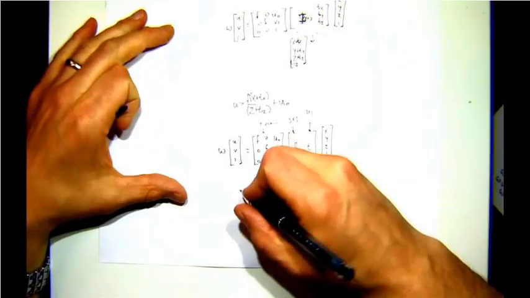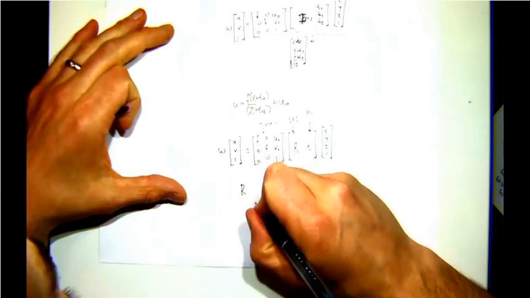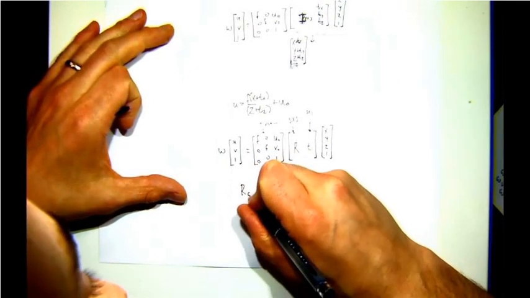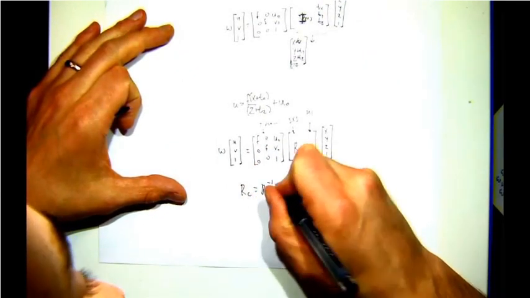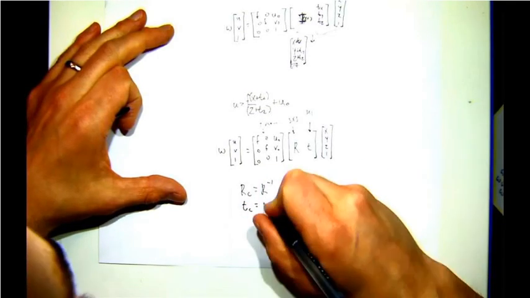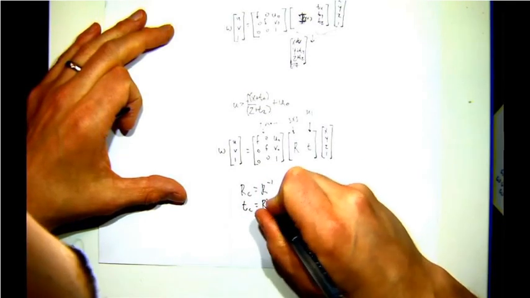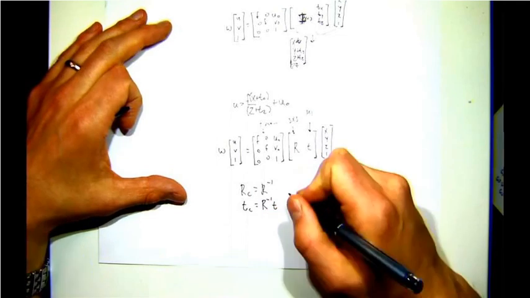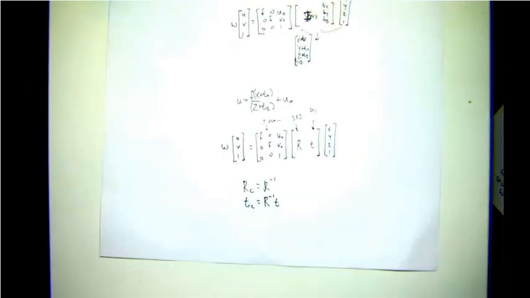If you want to map from the camera coordinate system to the world coordinate system, you just need to do an inversion. If I remember correctly, you end up with RC is R inverse, and TC is R inverse T. I think that's right, but I'm doing it from memory, so I could be wrong.